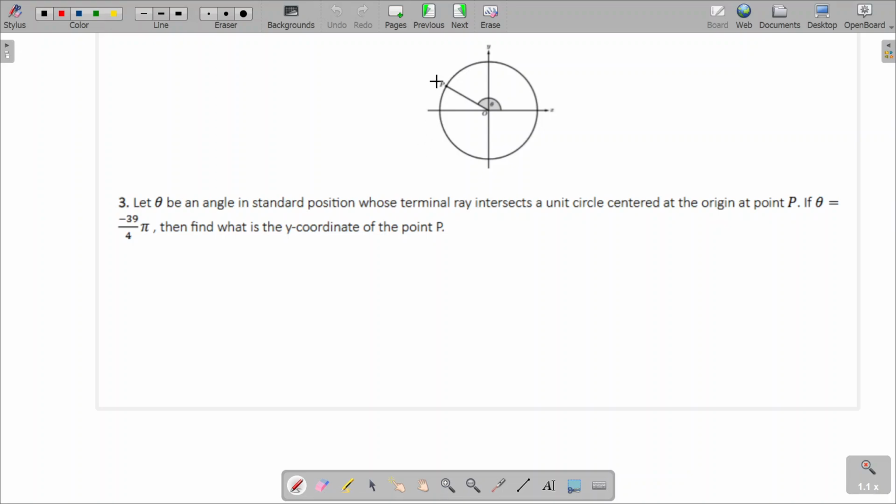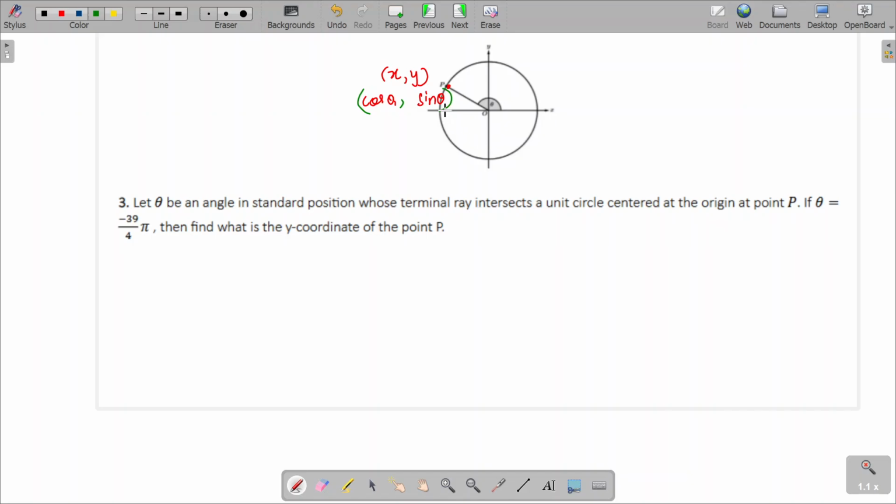Very simple. You don't know the coordinates. Let's say the coordinates are x and y, or we can say the coordinates are r cos theta, r sin theta, right? Since it's a unit circle, r will be 1. I can remove r, so I can simply say the coordinates are cos theta comma sin theta, right?